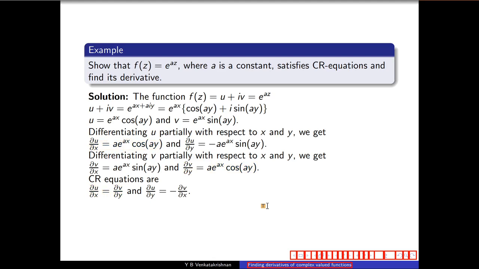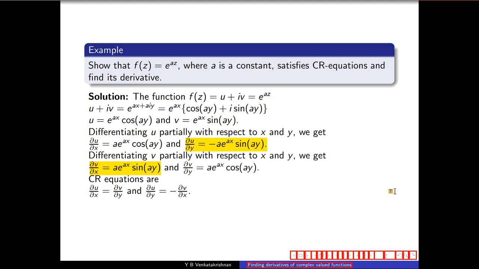Now, what about the second equation? We have dou u by dou y, which is equal to minus a e power ax into sin ay, and dou v by dou x is a e power ax into sin ay.